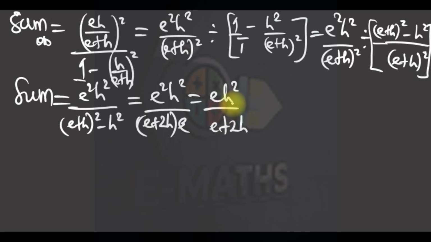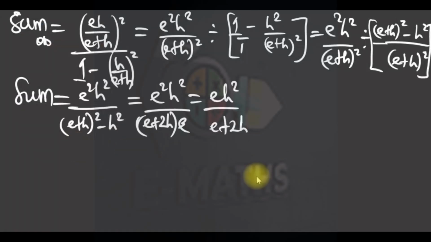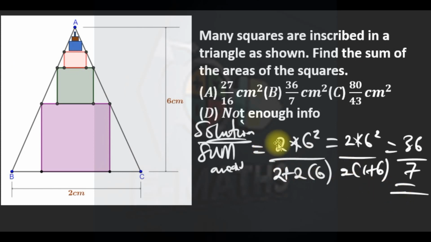Have you seen why we solved this first? That's e times h squared over e plus 2 times h. Do you see it? So it's from there that we derive the formula. So our answer is option B. That's the area. Thank you.